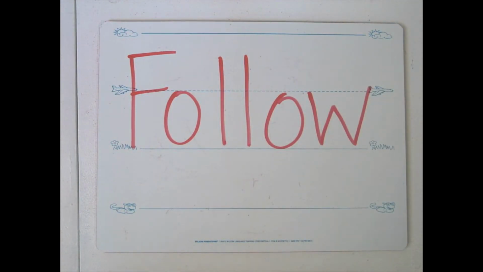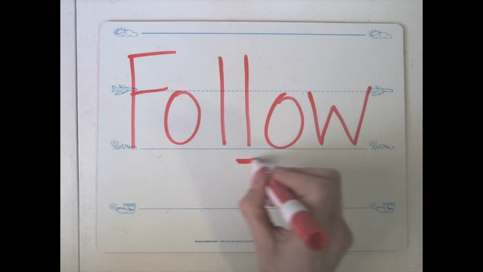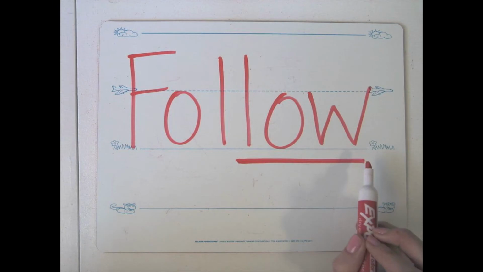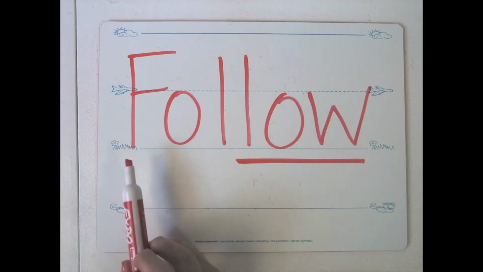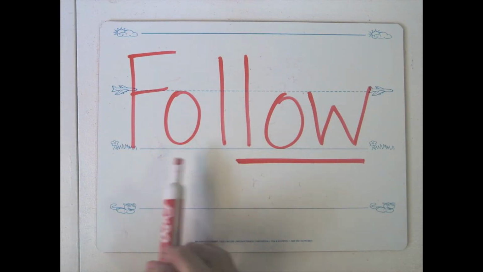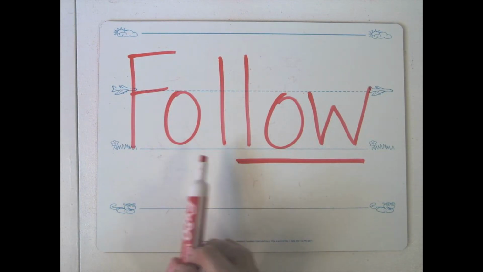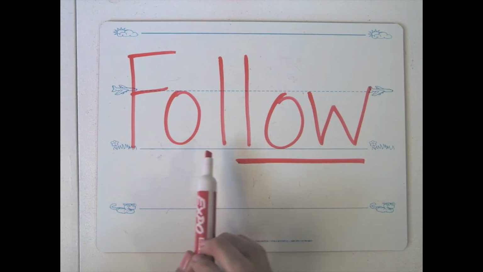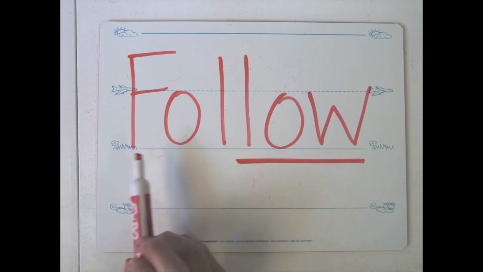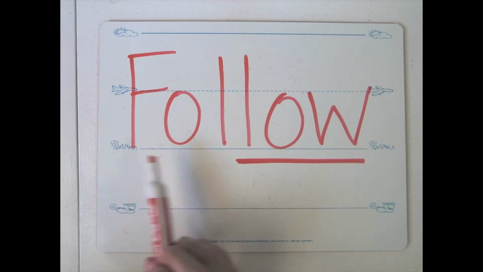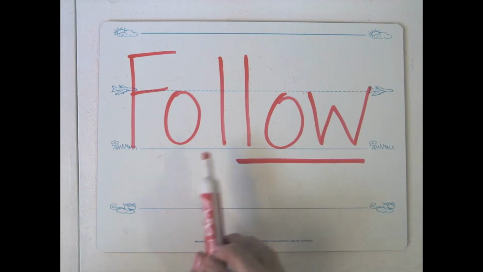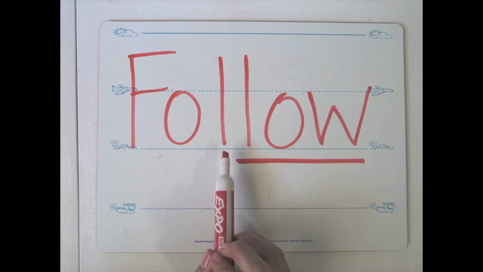When I look at this word, the first chunk that I see is low. The first 3 letters sound like f, ah, l. The letter F says f, O says ah, and L says l.